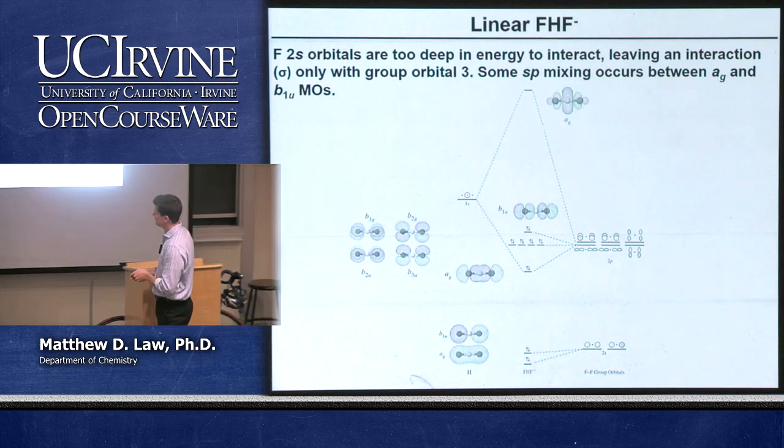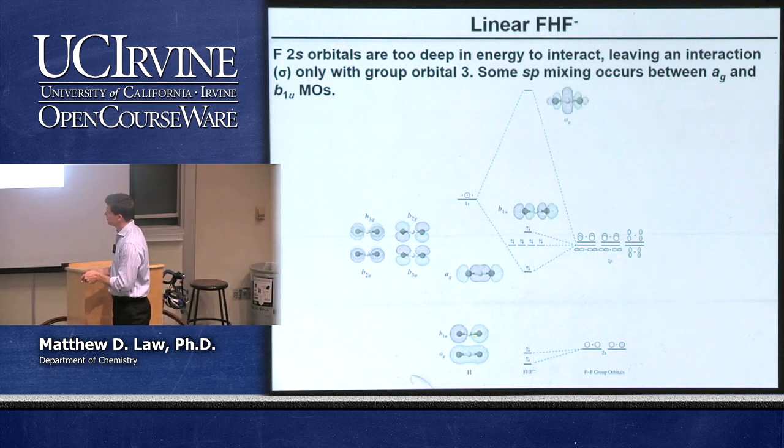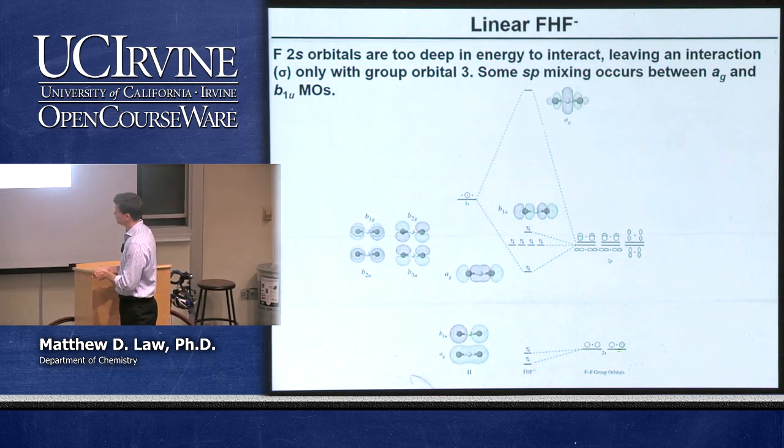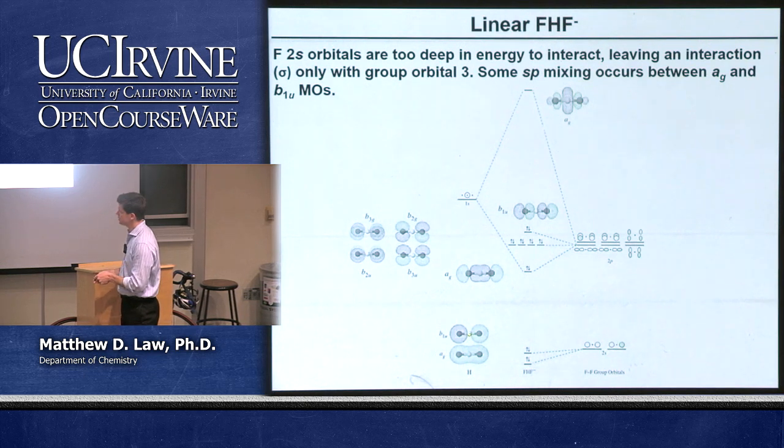Then the next one in line here is the B1u that's coming in from the 2s orbitals on fluorine, but it has no interaction at all with the hydrogen, so it just comes over. It's a pure non-bonding orbital. This is the second ag, that's the bonding one. This one appears the third ag, the anti-bonding one. And then we've got the various px, py-related orbitals coming in.